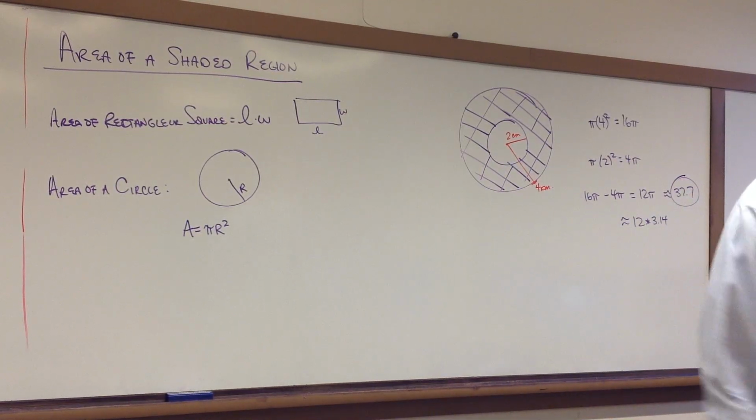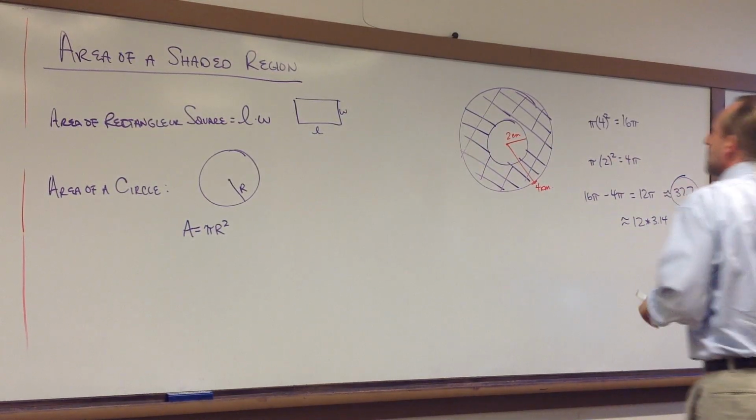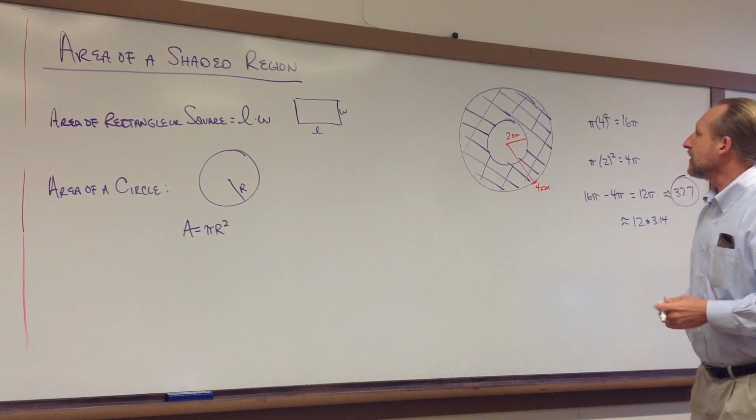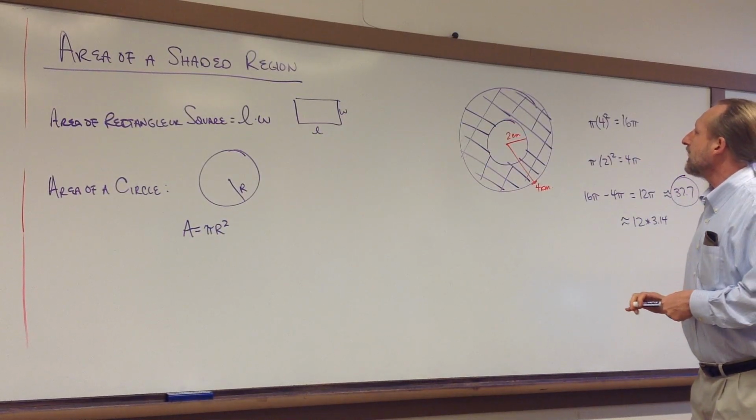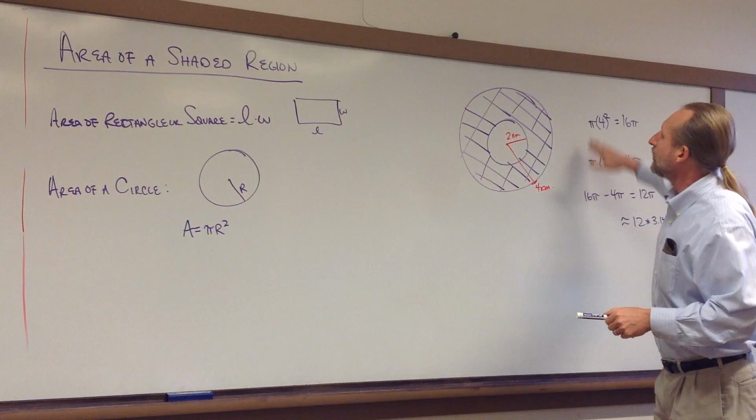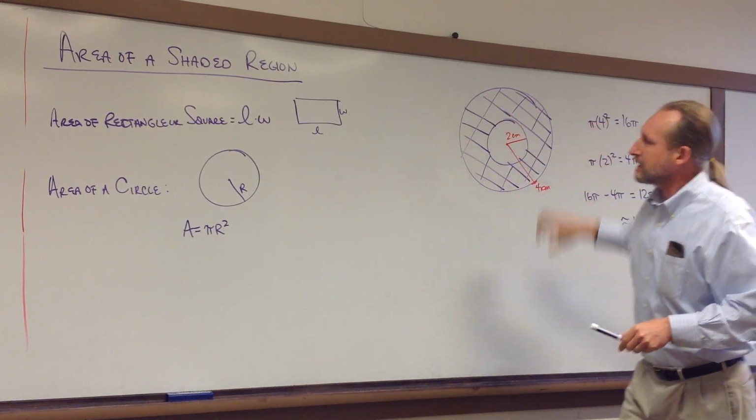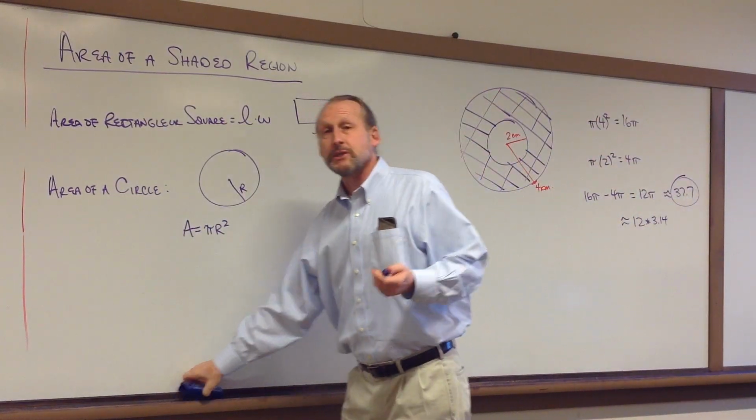And that's the whole idea behind the area of a shaded region: you want to find the area of the whole figure and then subtract out the piece that's missing.